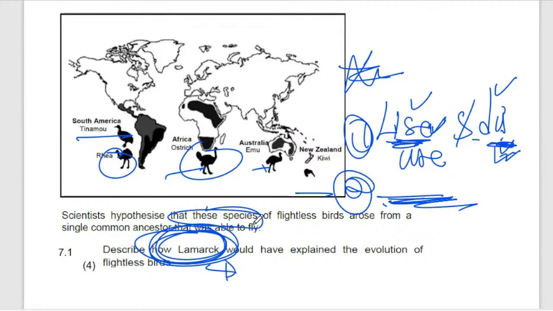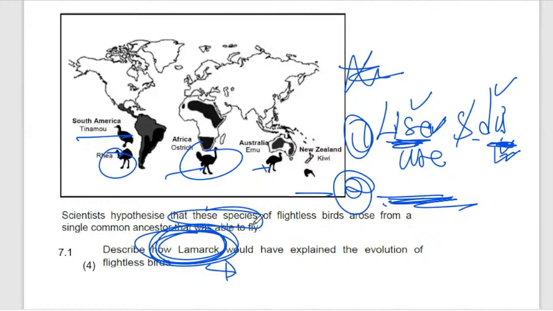There's not enough evidence to support that these flying birds became flightless by not using this character of flying. Just like that. There is not enough evidence to show that. Don't just say that there's not enough evidence to support the theory. Which evidence? It's too broad. So it's too broad, so we won't give you a tick.